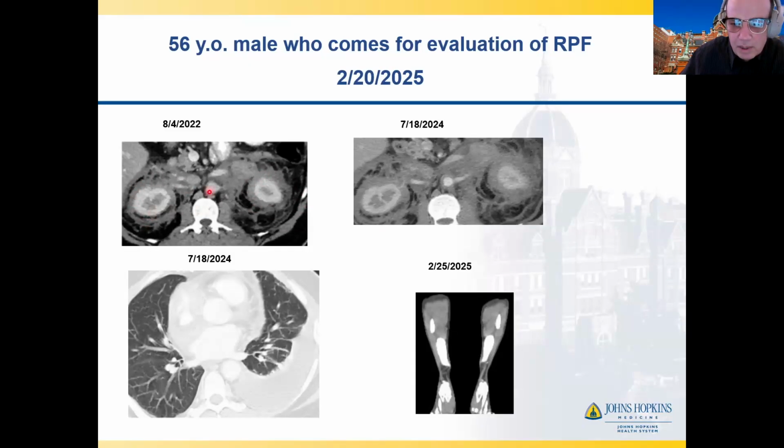And this patient probably had one of the aggressive diseases. So it's not just the kidney, the liver was involved. You can see here a lot of infiltrative tissue in the kidney. The lung was involved, his bone was involved. I saw him on February 20, and I did a PET scan on the 25th. This is probably the only patient of mine that I've seen who has bone involvement.